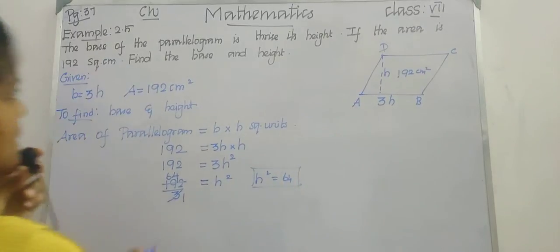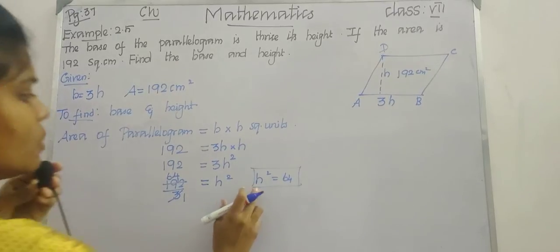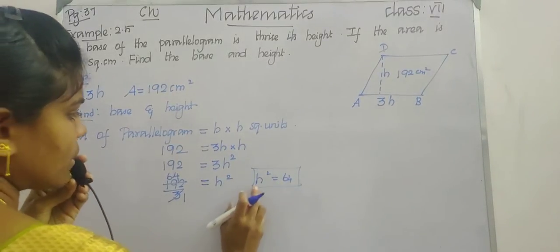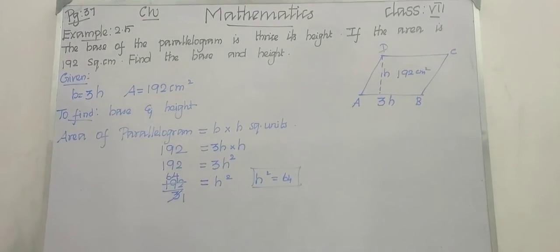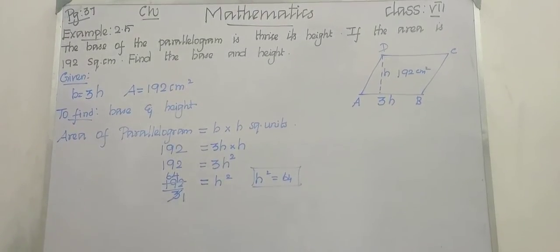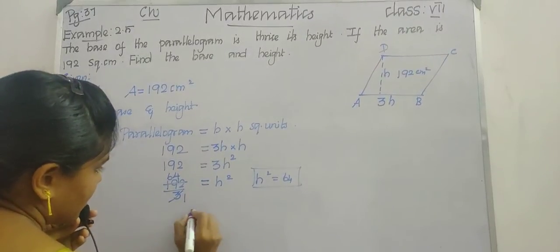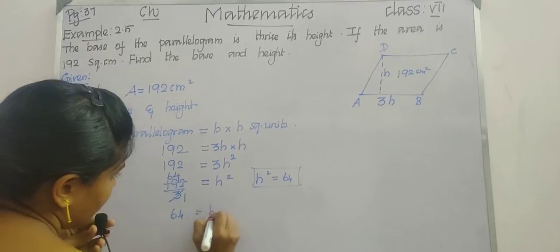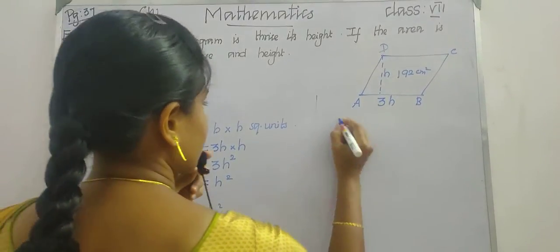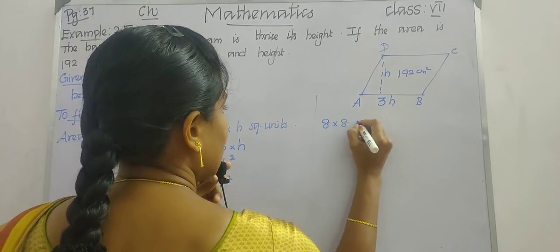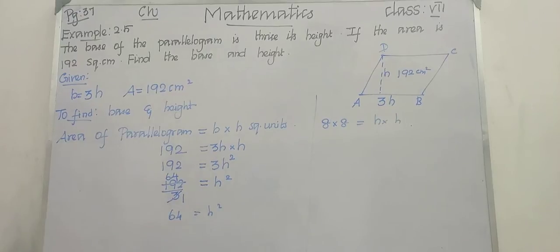H squared is 64. So how will you find the height? We need to remove the square, right? So H into H equal to 64. Now 8 8s are 64, right? So we can write 64 equal to H squared, so we can write this as 8 into 8 equal to H into H. Can we write like this? 8 8s are 64.